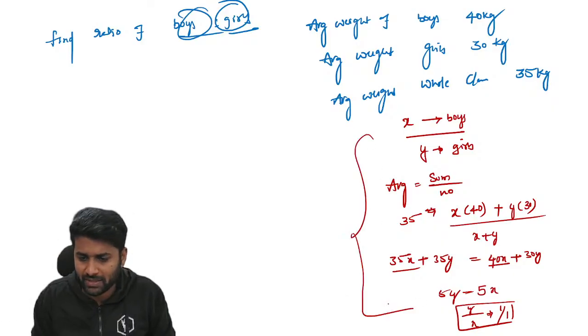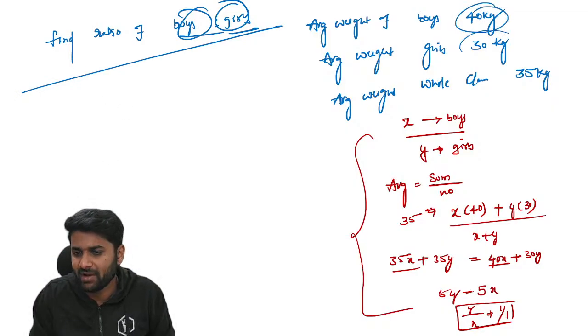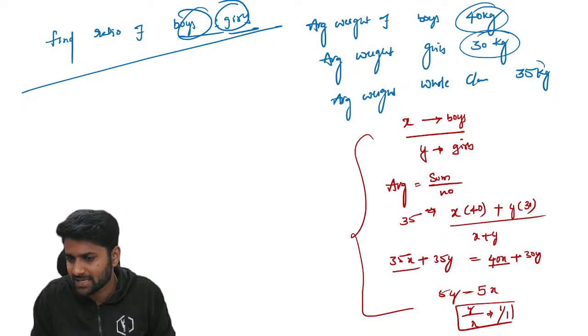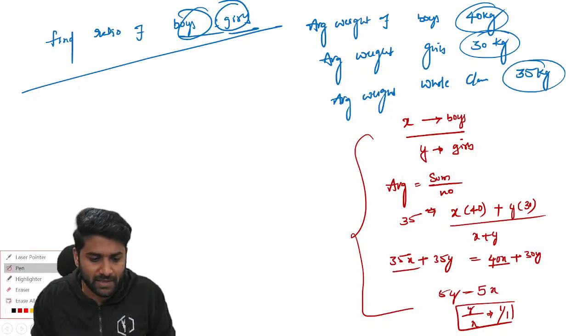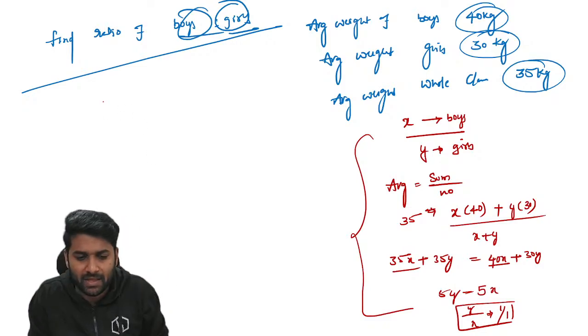Otherwise, make it simple. If you want to eliminate the lengthy calculation, then use the alligation mixture concept. The concept is that we have an individual average of boys and girls, and we have a group average. If you have this kind of information, you can use the alligation concept. x boys whose average is 40, y girls whose average is 30, and the overall average given as 35.